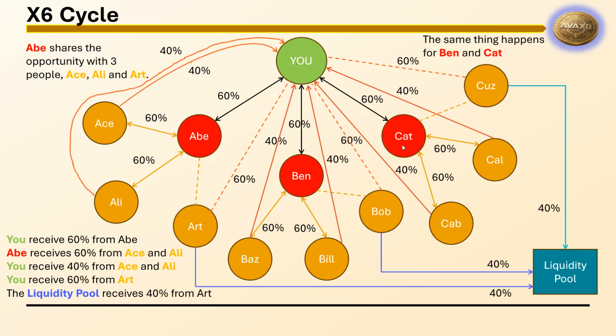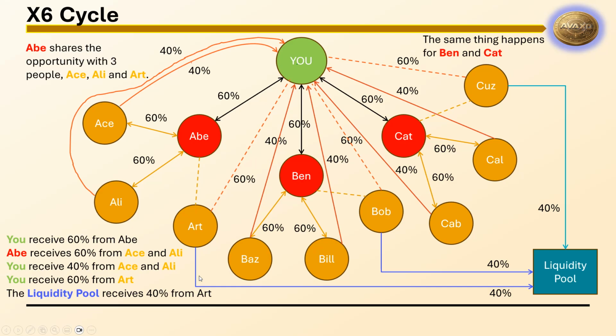And then these people will be in your matrix forever. When your X6 matrix cycles, you go back to having nobody on your front line and nobody on your second line. So then Abe's X6 matrix cycles. In order for that to happen, Ace has got 3 people that are paid, Ali's got 3 people that are paid, Art's got 3 people that are paid.